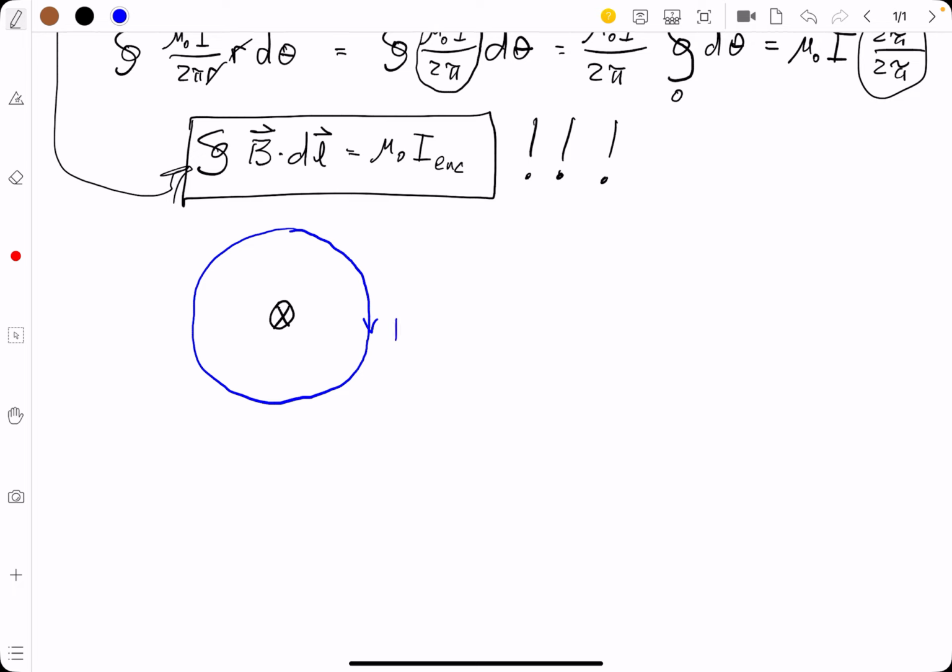So if you did your right hand, you should see this as your B field. Okay, now we're going to draw our loop like this.